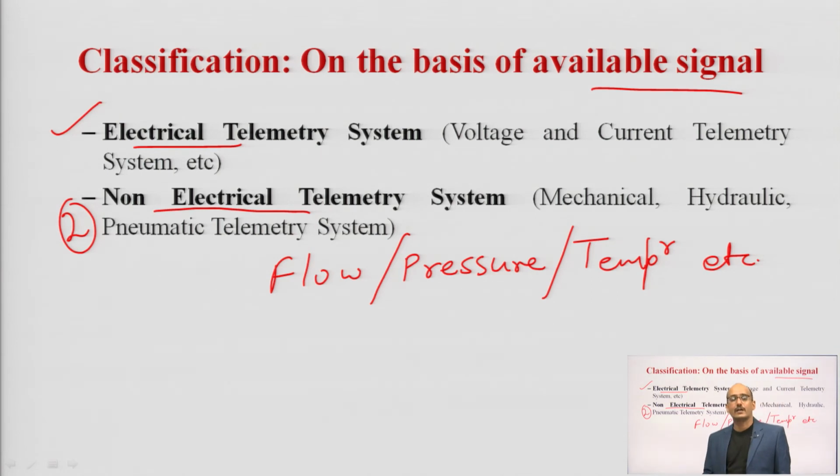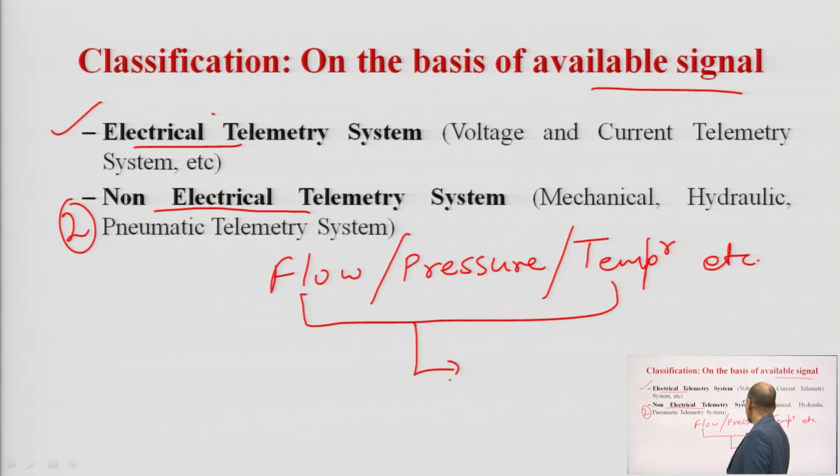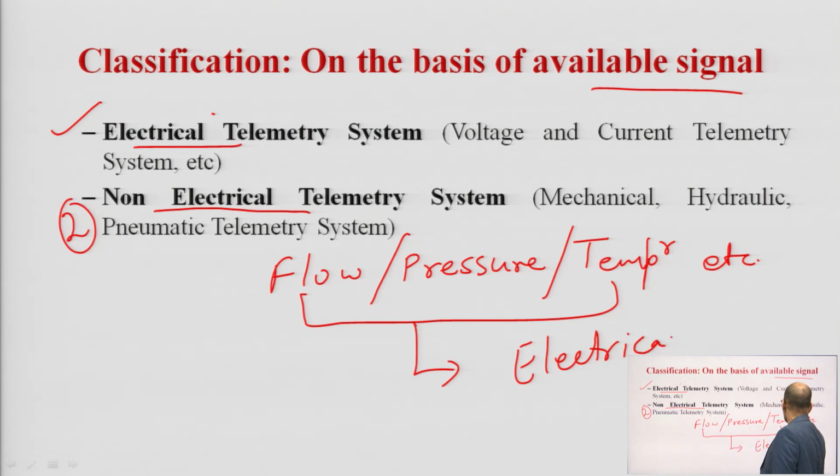You directly transfer the flow or the pressure, but in the electrical telemetry system you are taking any one of these physical quantities and converting it into an electrical signal. This is our basic requirement.